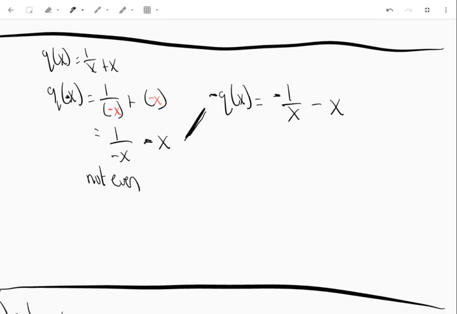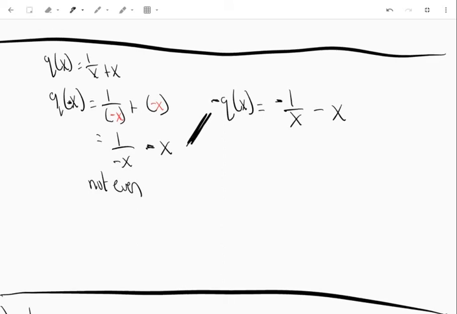Now I'm going to compare these two. Now, once again, at first glance, they don't look exactly the same. The minus x and the minus x match up. But this one, I have 1 over negative x, and then to the right, I have negative 1 over x. Now, they don't look exactly the same, but let's use our knowledge of fractions. If I have a negative in front of a fraction, does it matter whether I put that negative in the numerator or the denominator?